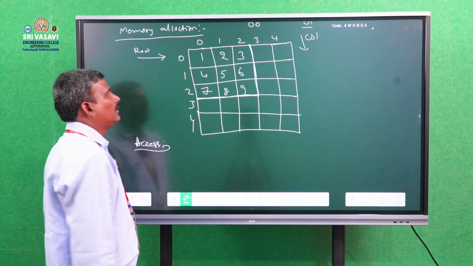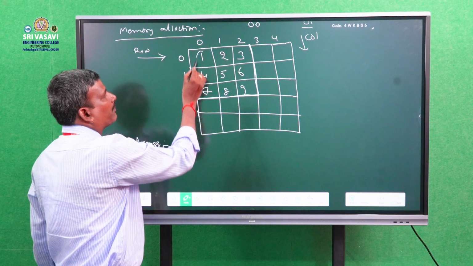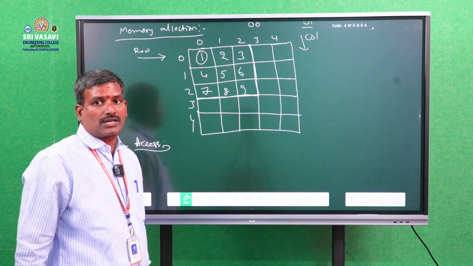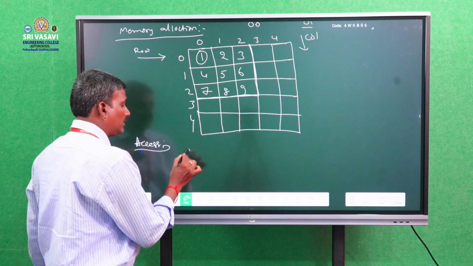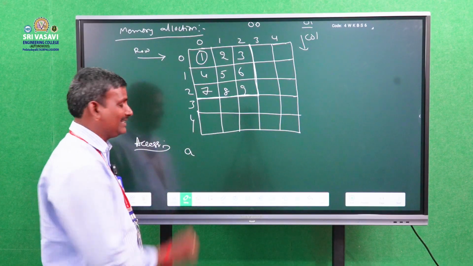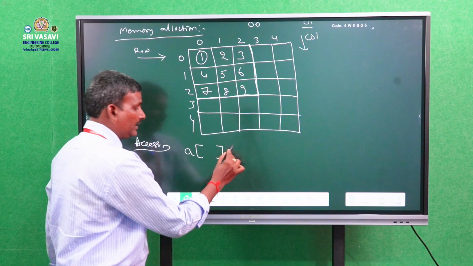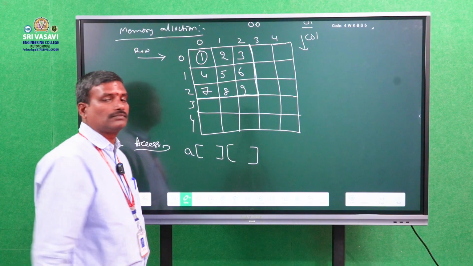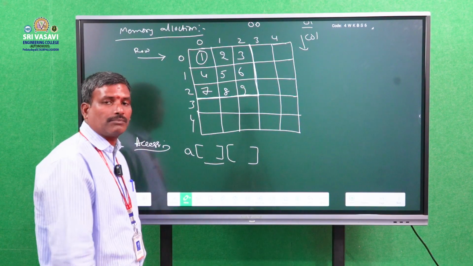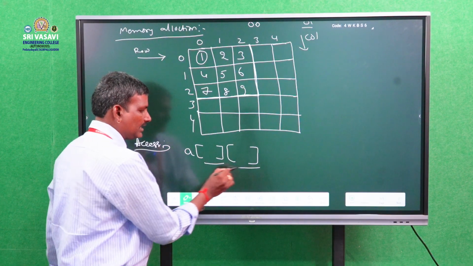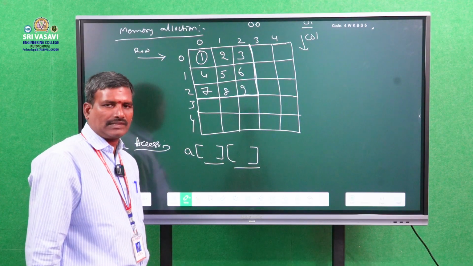Okay, I want to represent the value number 1, so that the representation of value number 1 is like this: A, the row number, and then column number. The first bracket says the row index number, and the second one says the column index number.